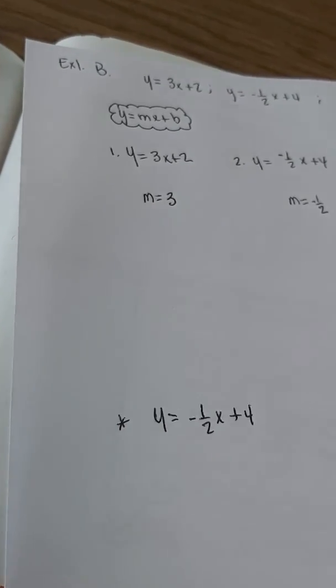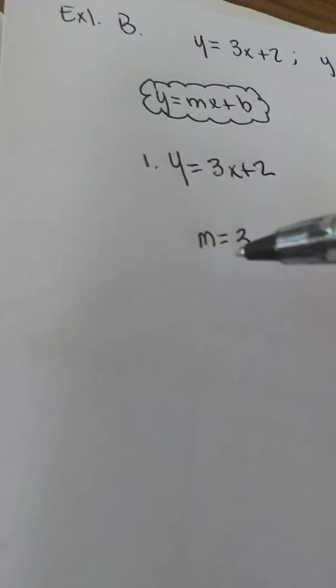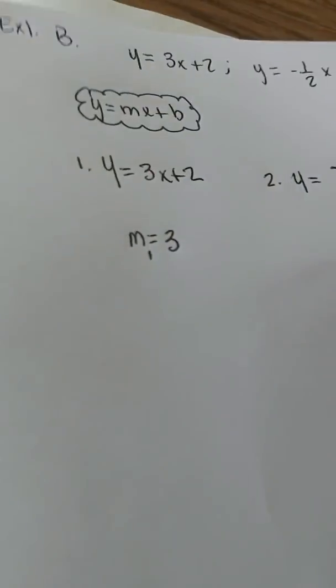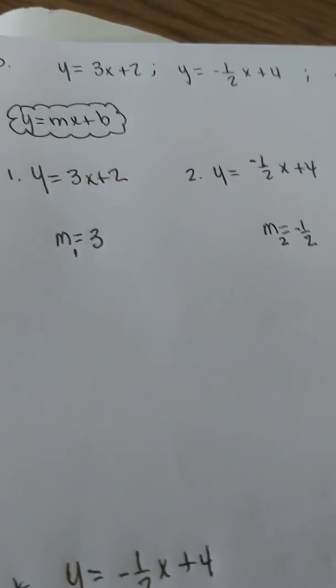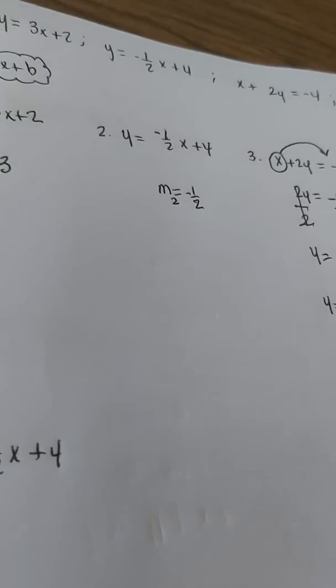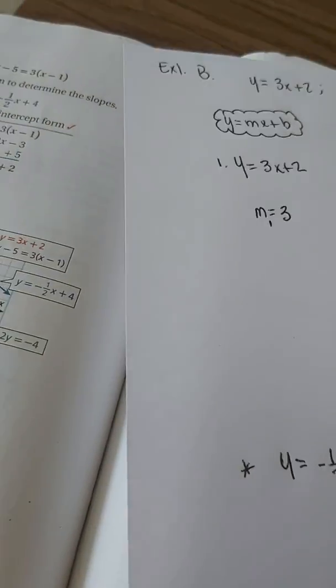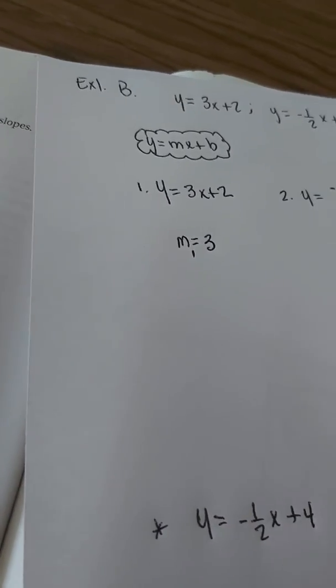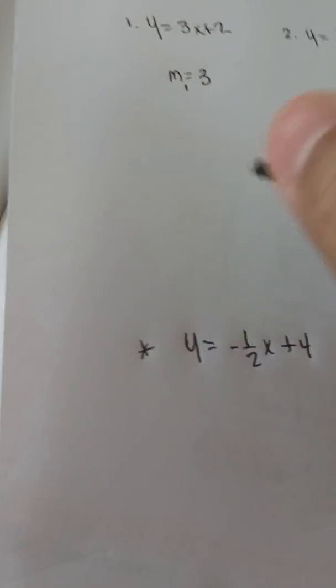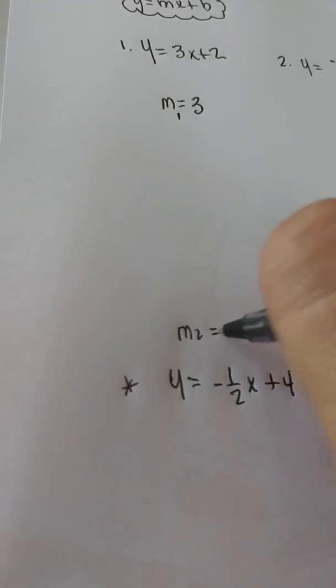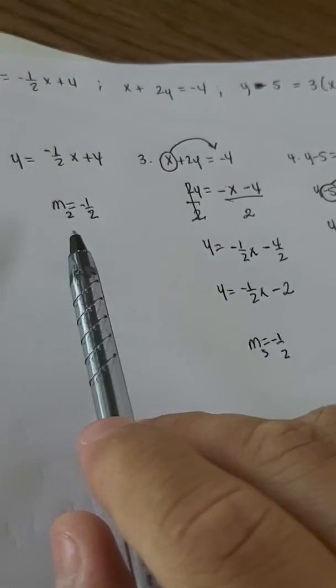To make this easier, I'm going to call these m1, m2, m3, and m4. Here we can state that m2 is equal to m3.